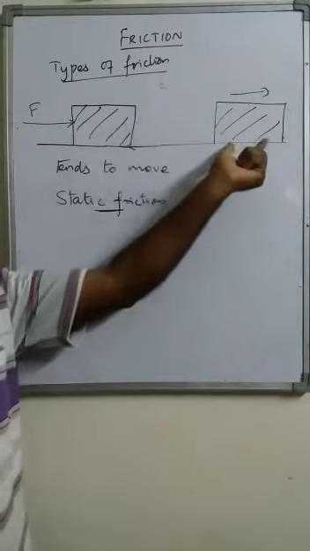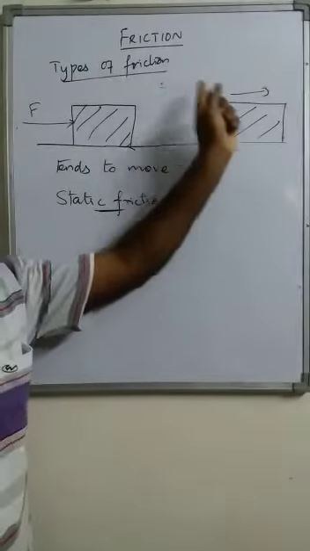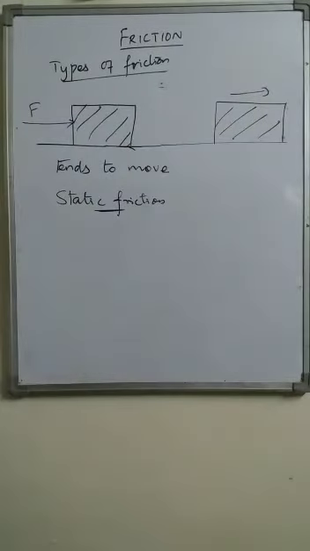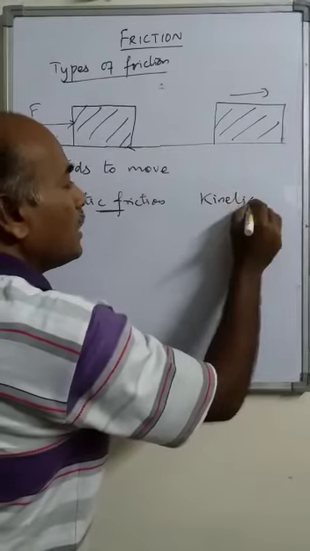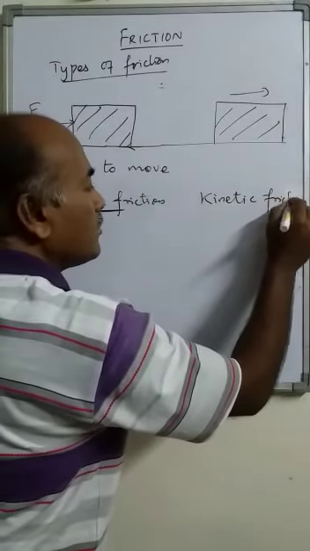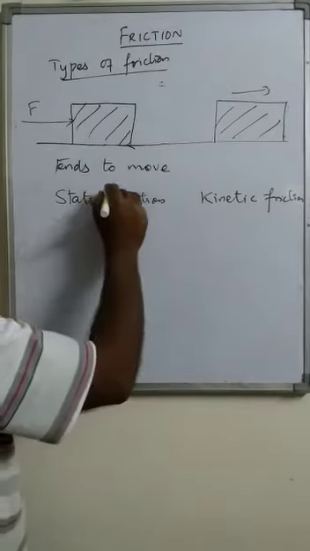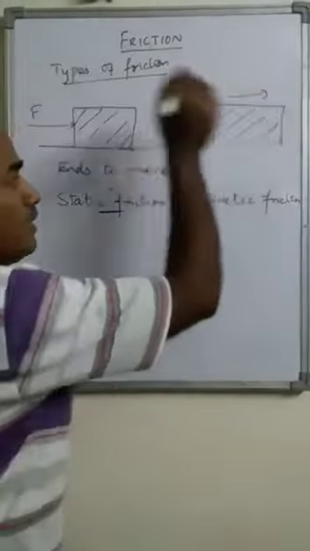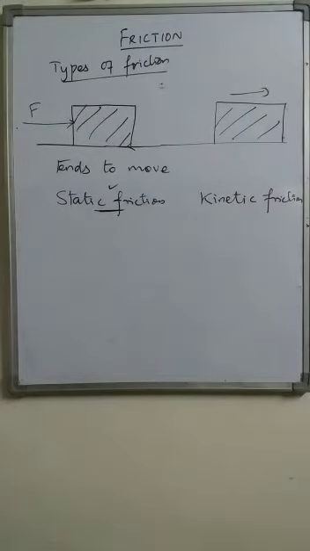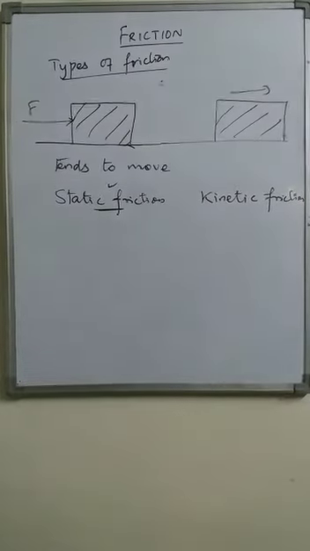And that friction acting between two surfaces when one is moving on the other is known as kinetic friction. So basically, static friction when they are at rest, kinetic friction when they are in motion. Static, rest; kinetic, motion.